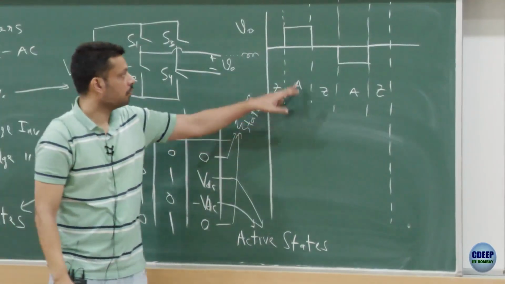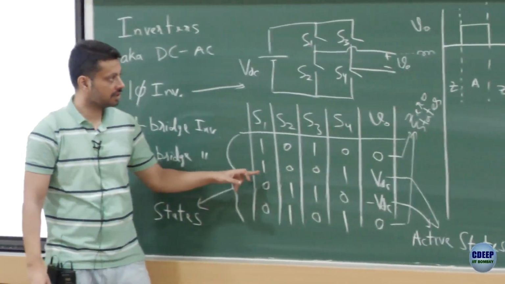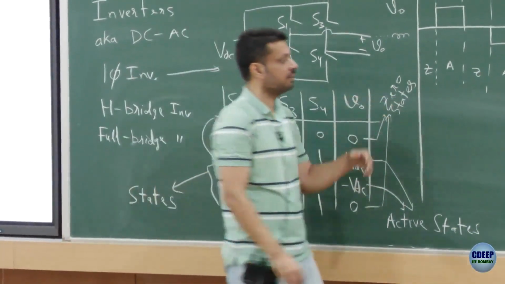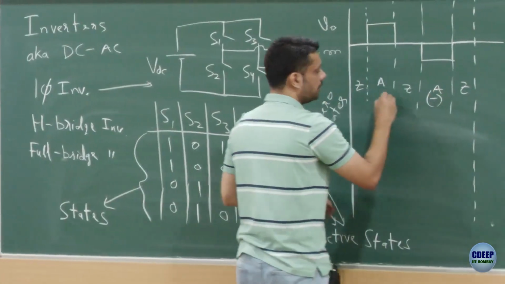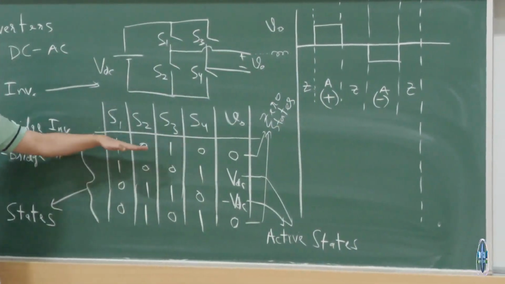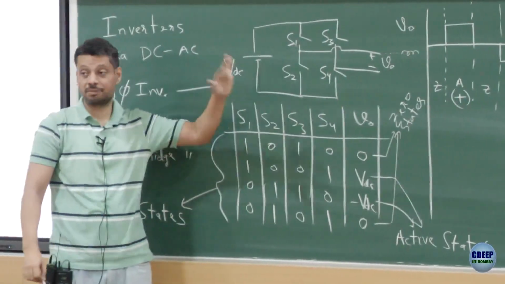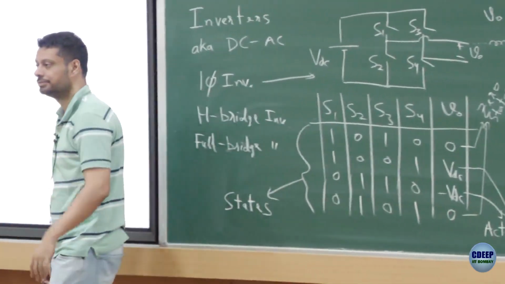Okay, you know how you can produce plus VDC, an active state, by using this switch combination. You know how to produce an active state with minus VDC. And for the zero states, you can either use the top one, or you can use the bottom one, or you can use sometimes the top one, sometimes the bottom one, right?